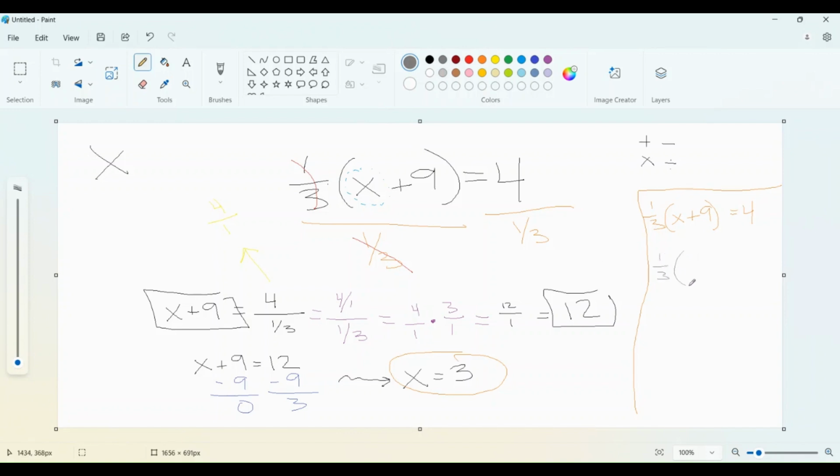1/3 times, there's X, 3, substitute that in, plus 9 equals 4. Let's see. 9 and 3, parentheses first, that's 12. 1/3 times 12 equals 4. Ooh, that's 12 over 1. Everything's a fraction, right? So that's 1 times 12 is 12. 3 times 1 is 3 equals 4.